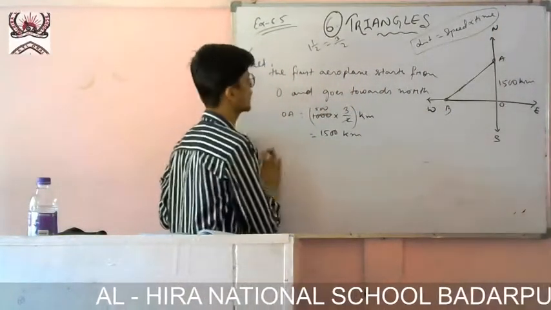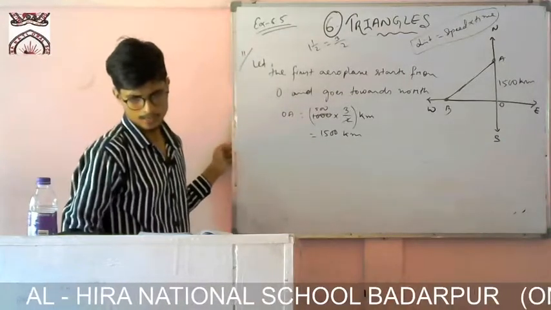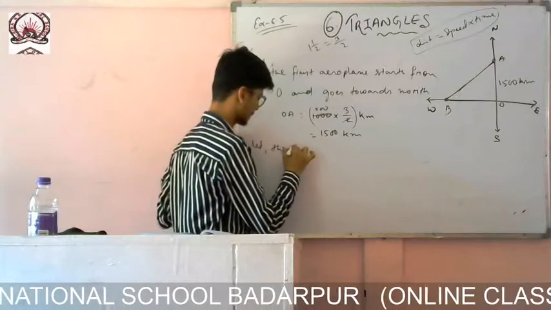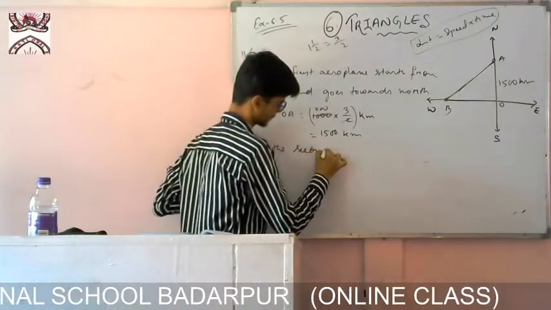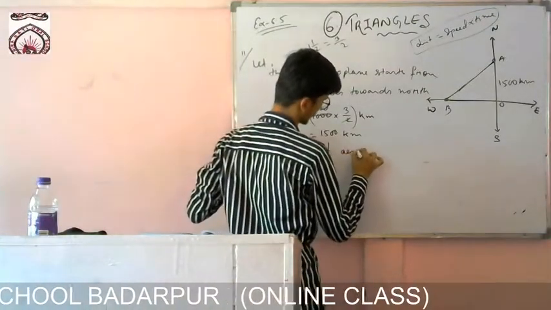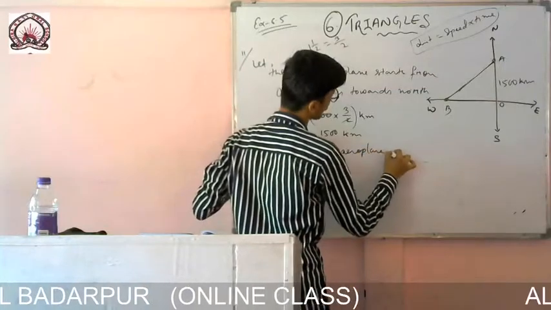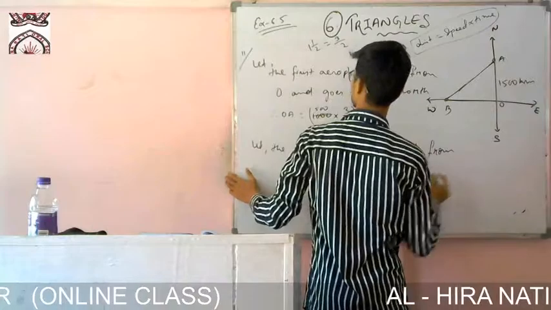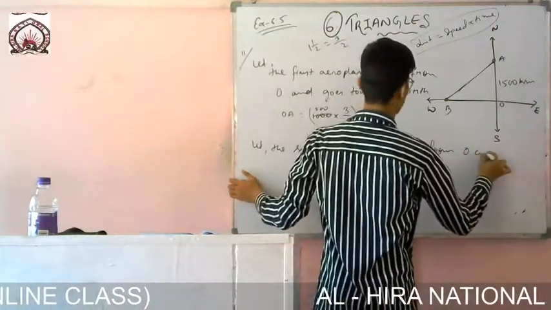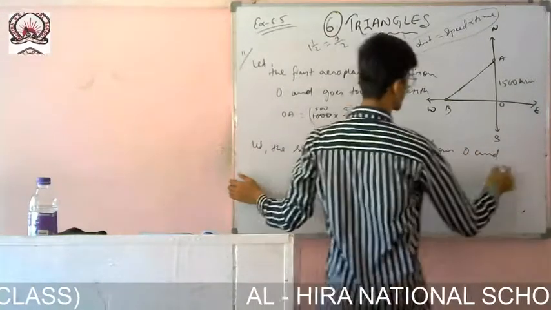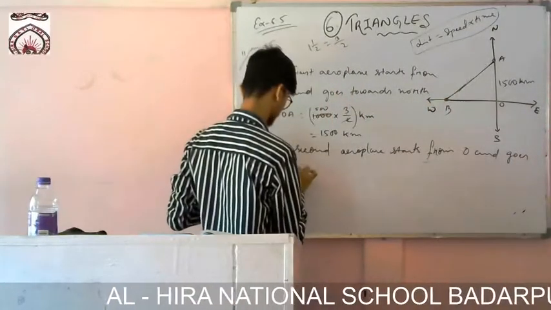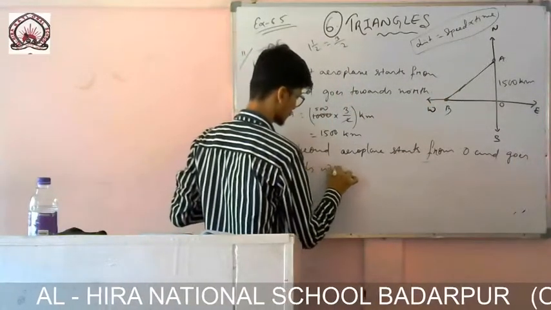Now for the next one, let the second aeroplane start from O and go towards west.